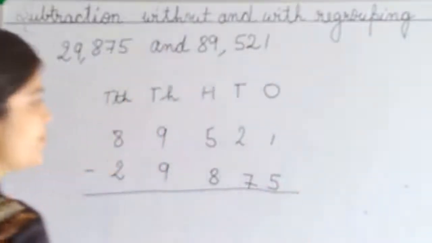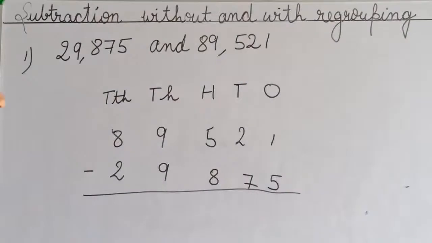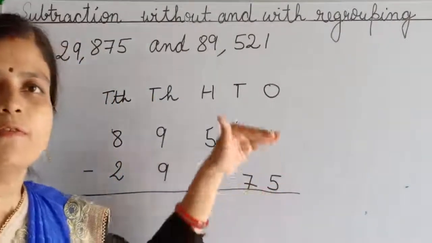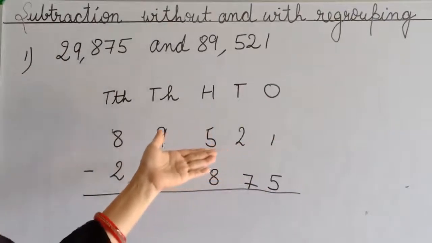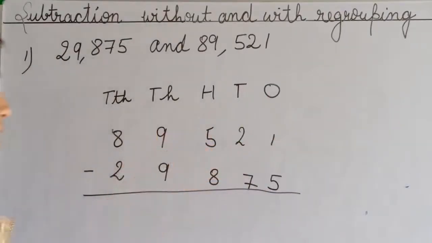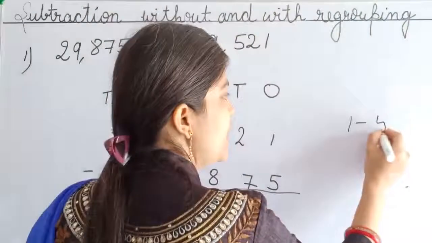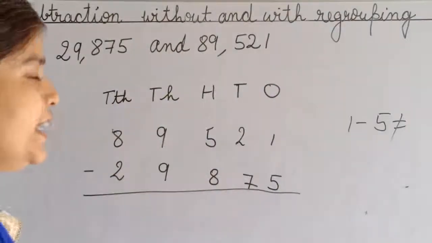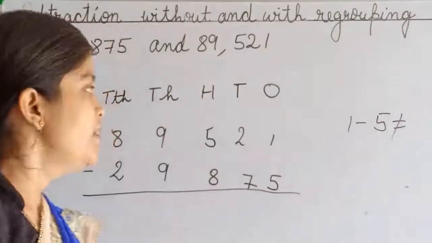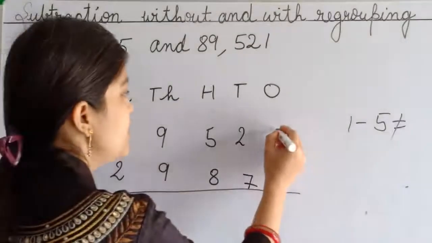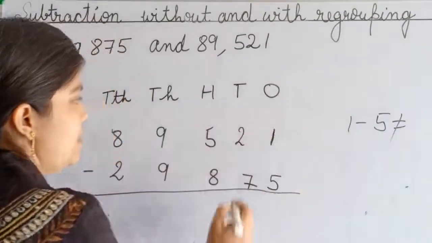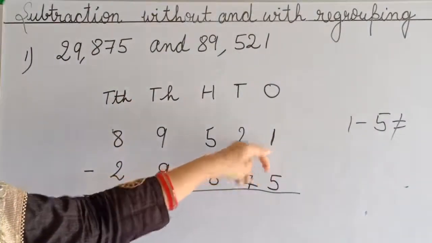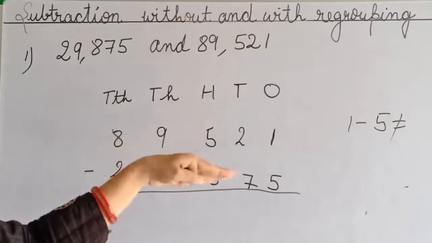Now first of all you can see that we cannot subtract 5 ones from 1 one. Is it possible? 1 minus 5 we cannot subtract. So we need more ones. So this will borrow from here. When there is a smaller number, we borrow from the next higher place.